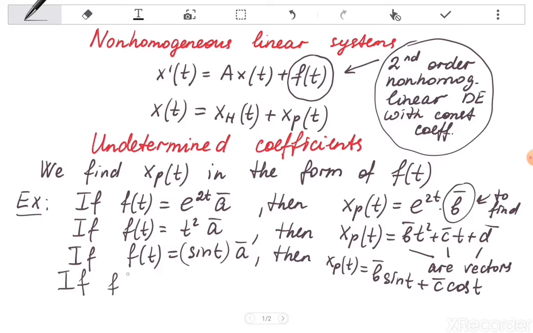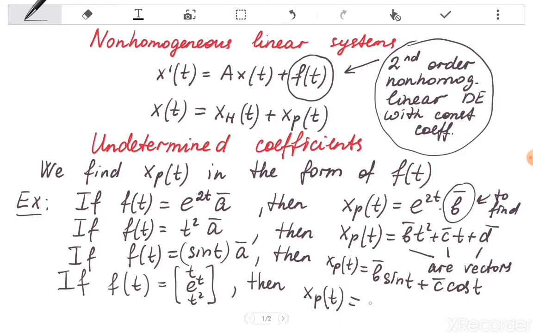For example, f of t can be t, e to the t, and t squared. Then our particular solution must contain all of these types.